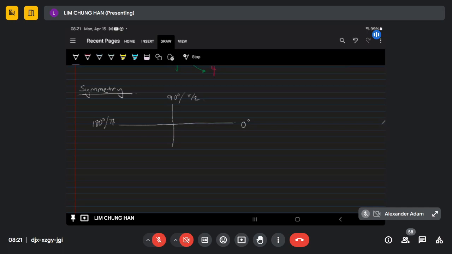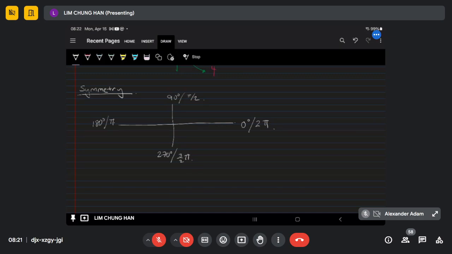Then you get to 270, or 3 over 2 pi. And eventually, you get back to 0 degrees or 2 pi. So this is the radial system that we follow in polar coordinates.